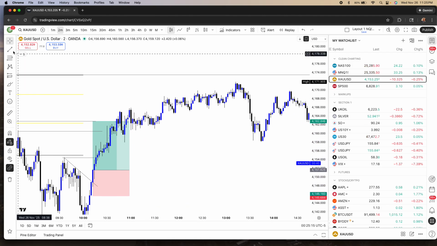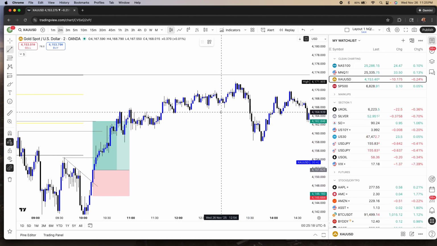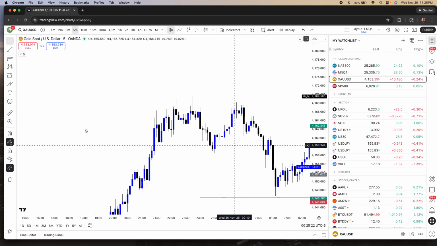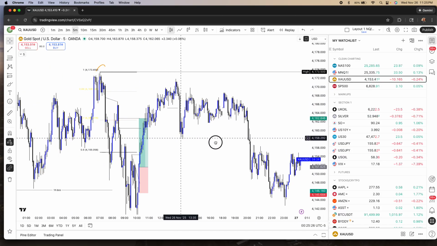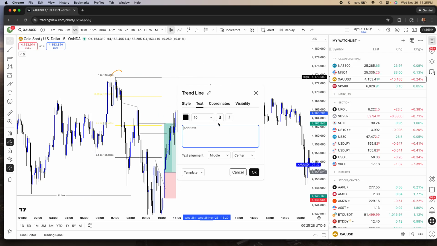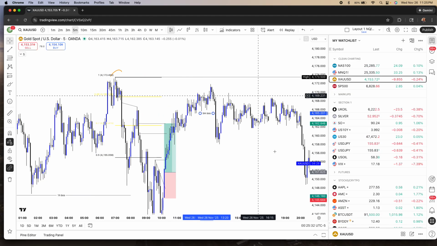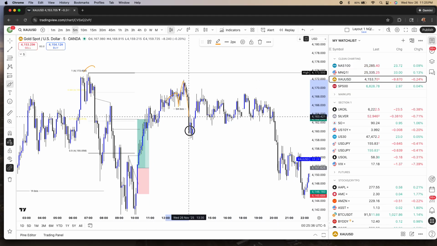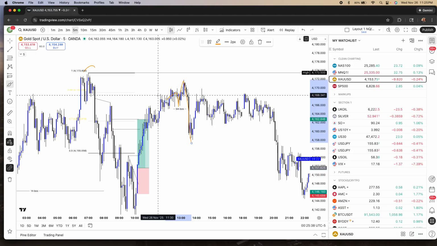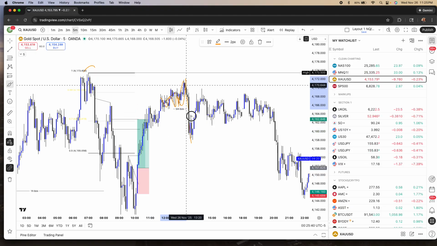And then you can see same thing, we get this 5-minute breaker structure to the downside. And that's where I was looking for sells within, you can see that 1 hour region. So this is the last up move before the down move. This is accumulation, manipulation, distribution.